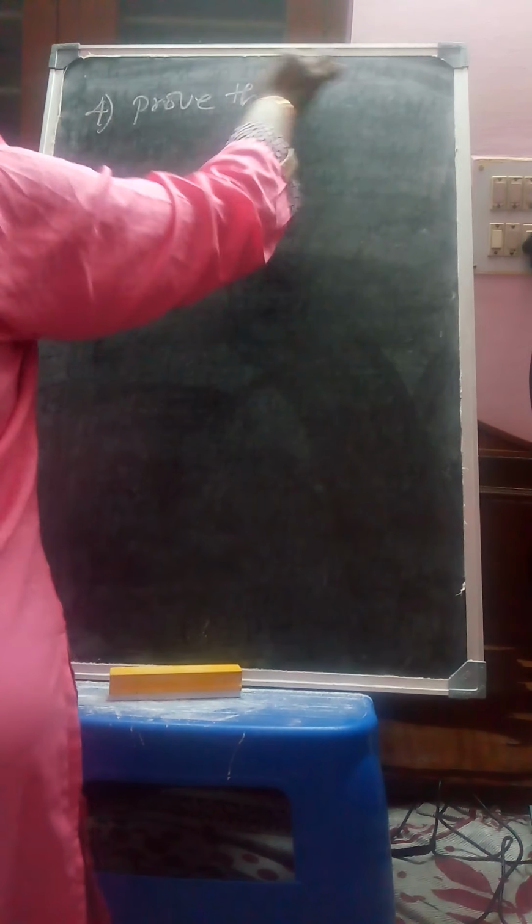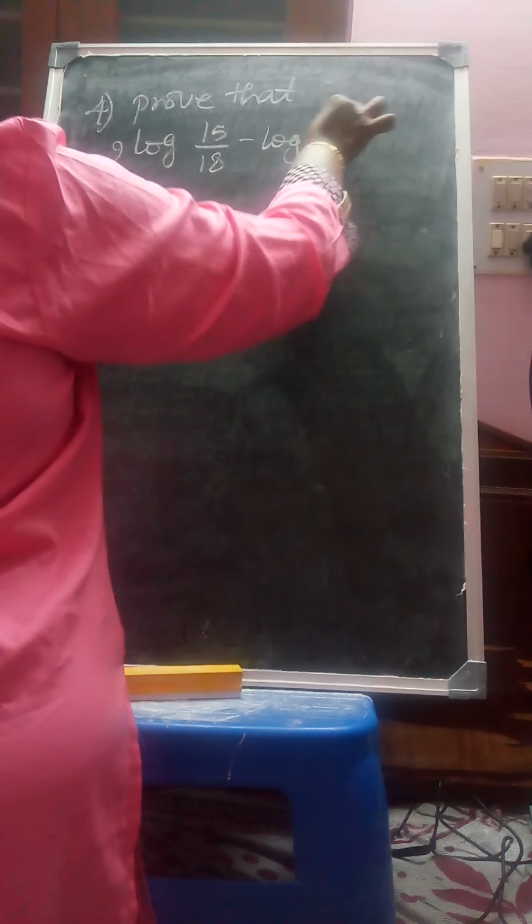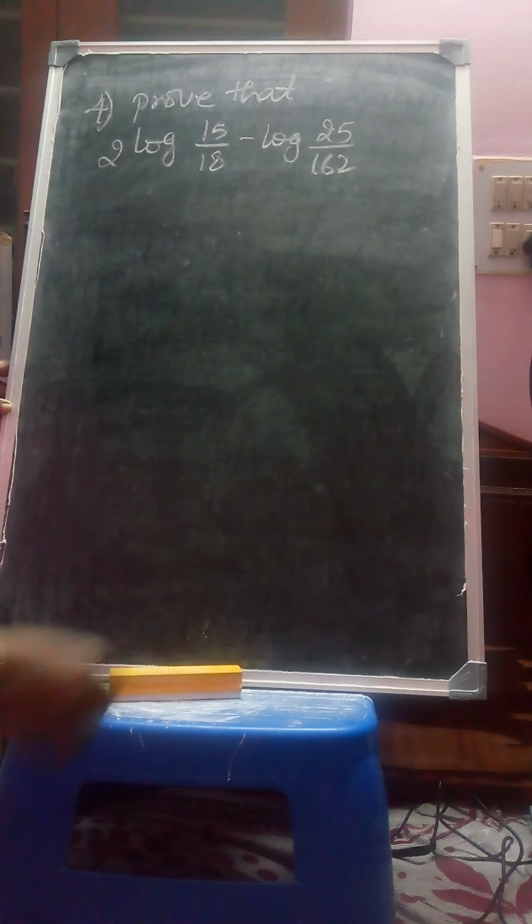Prove that 2 log 15 by 18 minus log 25 by 162 plus log 4 by 9.